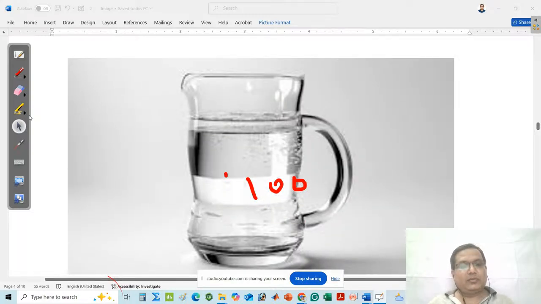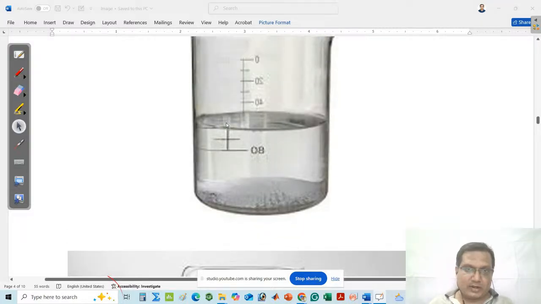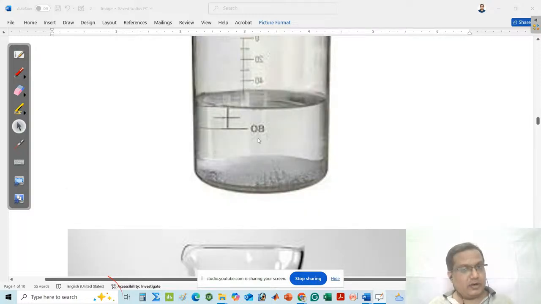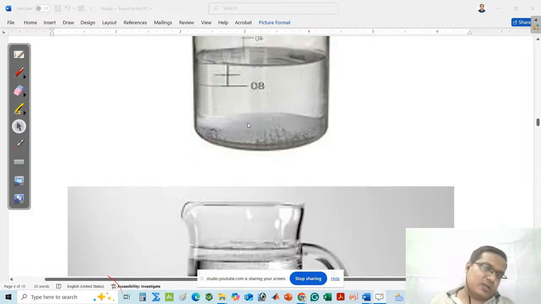Maybe suppose it is 200 ml. Here the quantity of water is more, here the quantity of water is less. Volume depends upon the quantity of water.